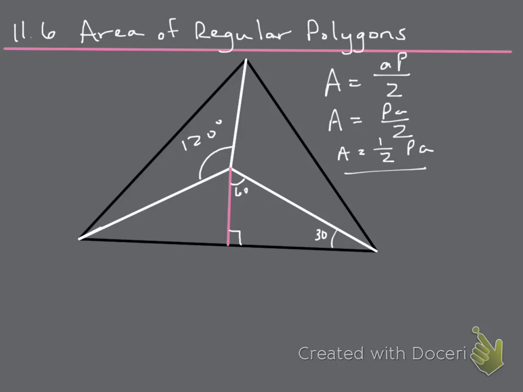So if I was trying to find the apothem, having the 30, 60, 90 knowledge that I have, I can say, okay, across from the 30 is a length of A, across from the hypotenuse is a length of 2A, and across from the 60 is A square root of 3. Okay, and that will afford us the opportunity to solve for any given number of items if necessary. And we'll talk more about that as we progress through this unit.